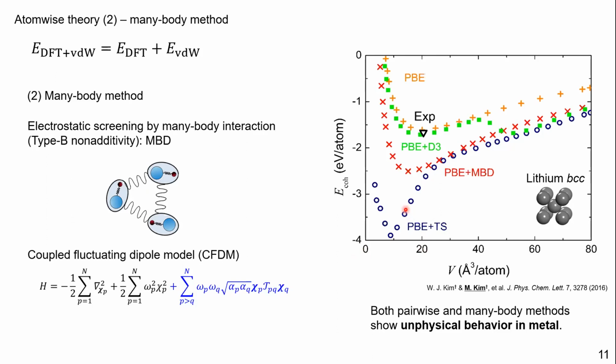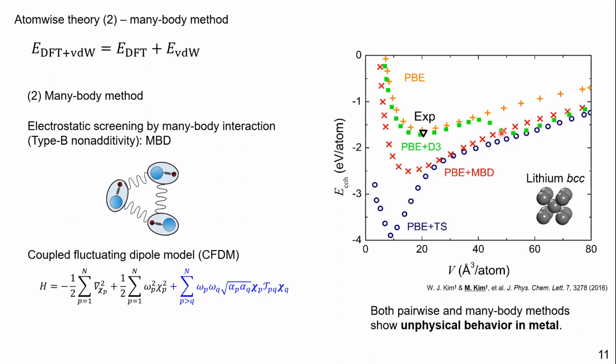Including this many-body interaction somewhat improves the accuracy for condensed matter, such as molecular solids or layered systems, but unfortunately it fails for metallic systems, where the PBE+MBD method, one of the many-body dispersion methods, predicts a very large cohesive energy for the lithium BCC structure.